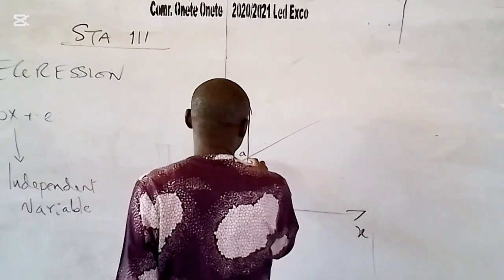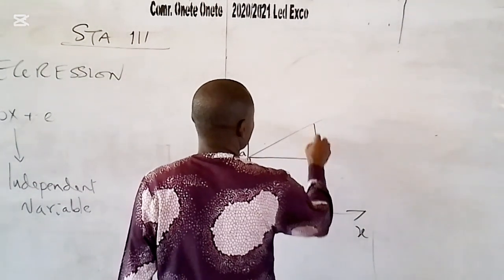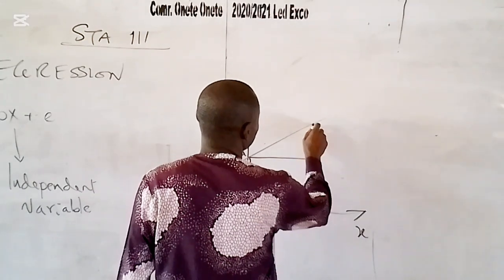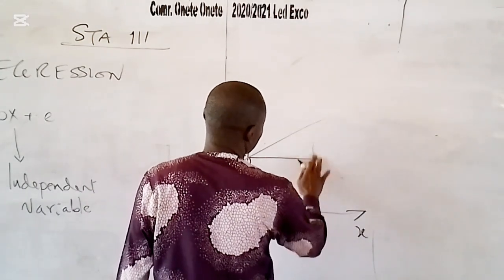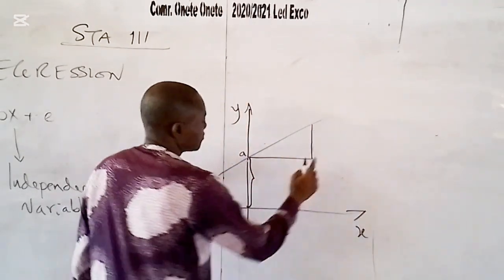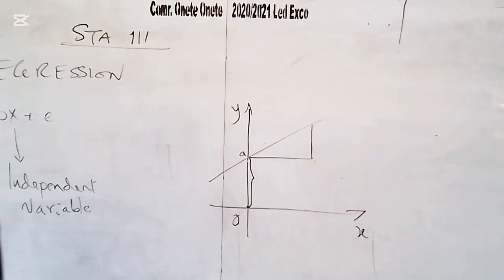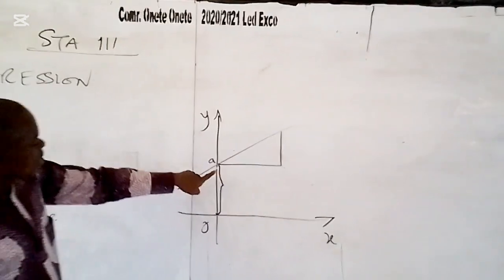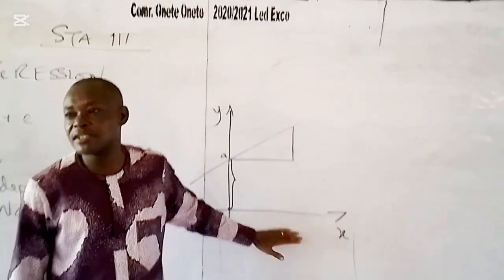From where we have the intercept, we can cut, and we have a triangle called a right angle triangle. What does it symbolize? If you check here, you have a line that is parallel to the x-axis.